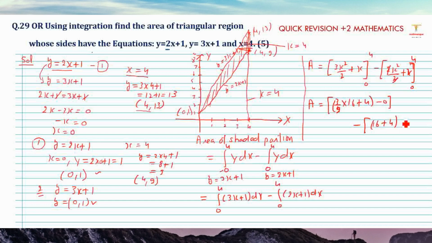If you simplify it further, children, here you get 8. You get here 24 plus 4 minus 20, 20 minus 0. You simplify it further. You get here 28 minus 20. So the answer comes out to be 8 square unit, right?